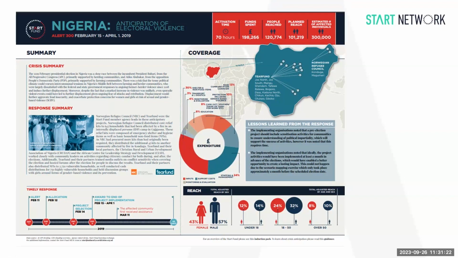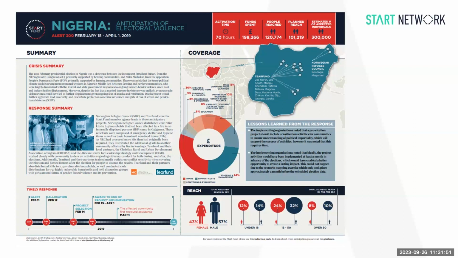We also included a number of other data points, such as the time between an alert being raised and projects being awarded, the estimated number of affected individuals for a crisis, and the reach planned for every project. This information was very helpful for agencies, especially to get an understanding of other projects in the area by other agencies, or to learn from others going through similar challenges and responding to similar crises.